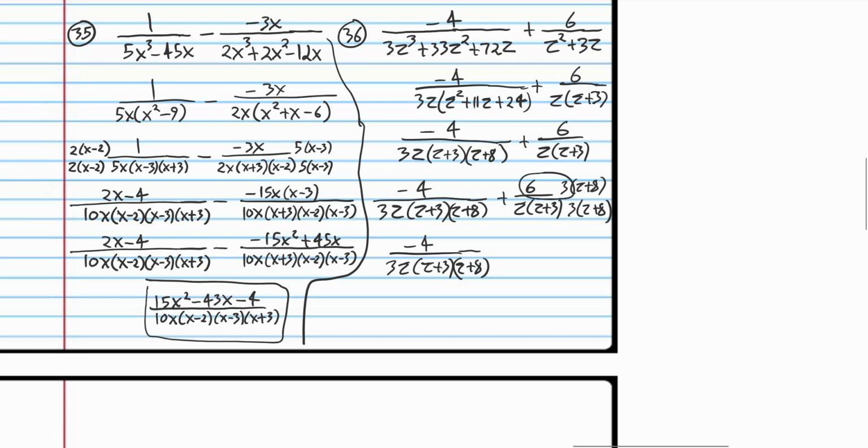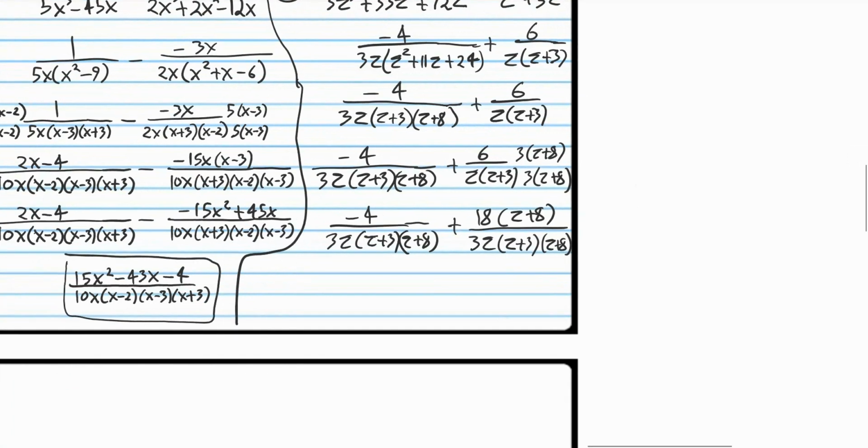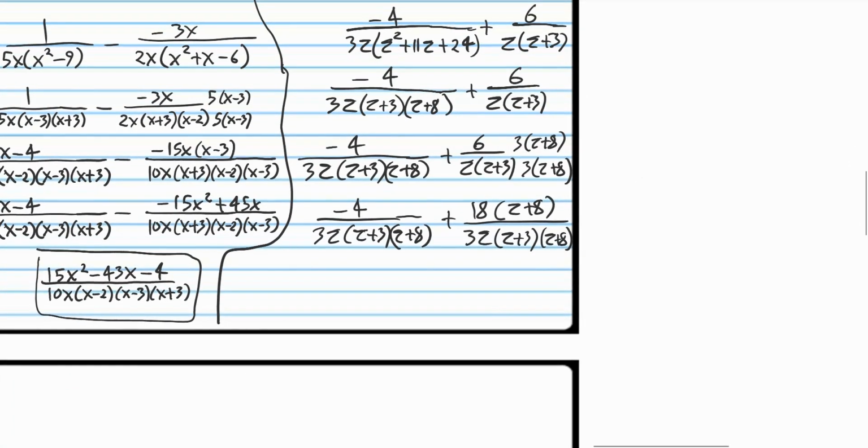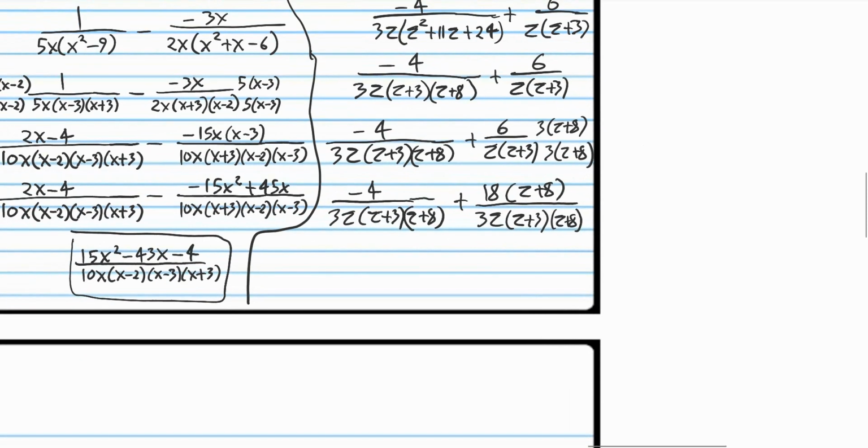Alright, so we can multiply these first. 3 times 6 is 18. And then 3 times z is 3z. And z plus 3 times z plus 8. So now we can just distribute.